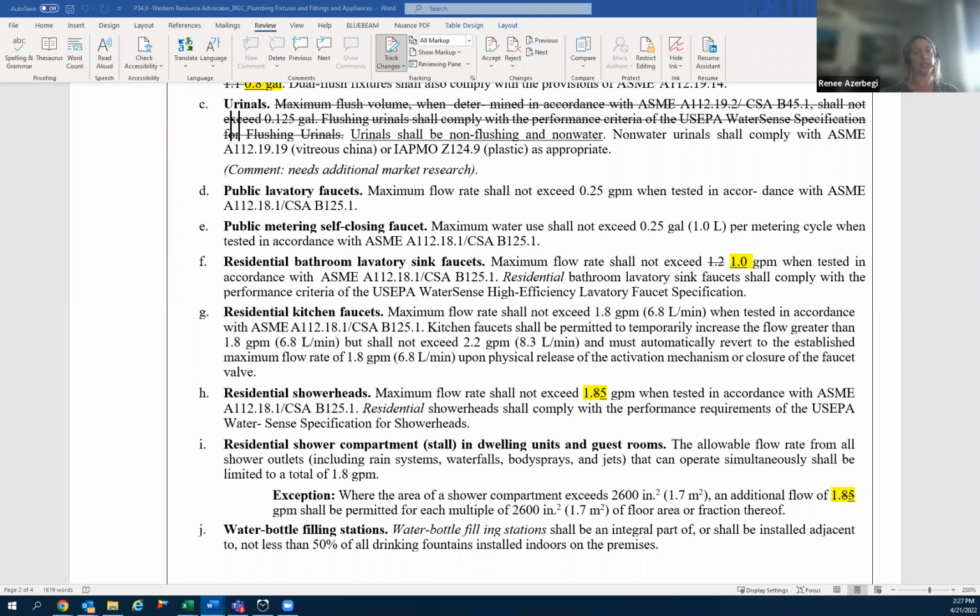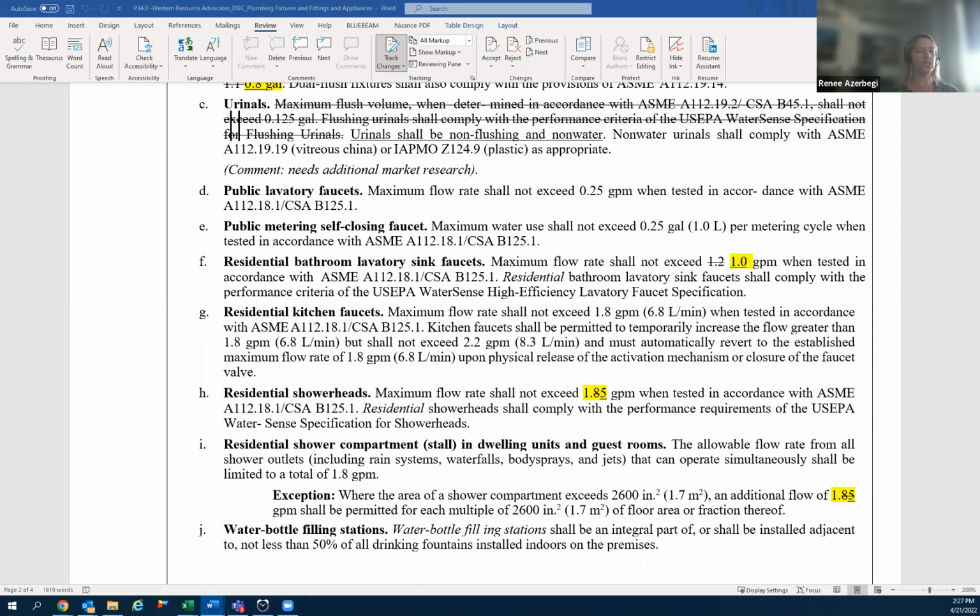And the idea of saying, oh, we're only going to allow non-water urinals, I'm sure I can't convince my clients to do that. So I guess the question is, I think 0.125 is still only 1/8 of a regular, which is 1.0, and it's pretty dang good. I would prefer that we keep 0.125 for the urinals as an option, and then you can still have another option of non-flush.